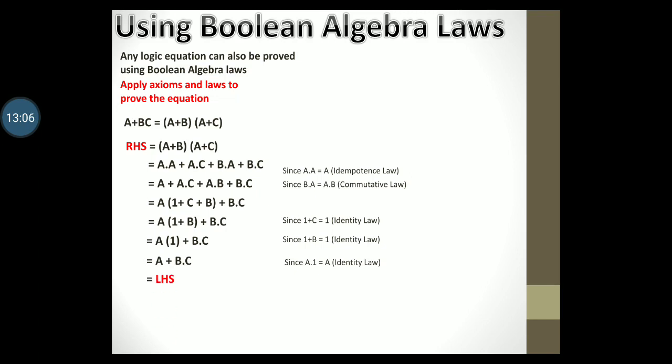This is nothing but equal to the LHS. Thus, you have proved that the LHS is equal to the RHS. In this way, you can prove all the laws of Boolean algebra. Refer to your textbook for additional examples.